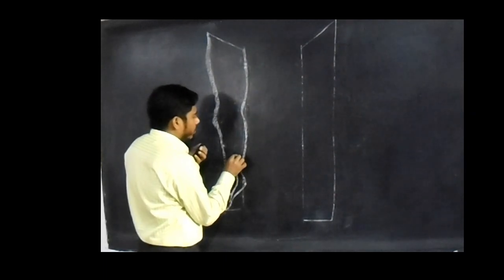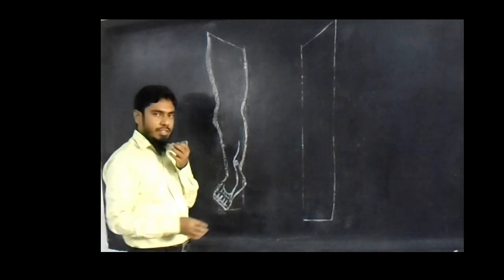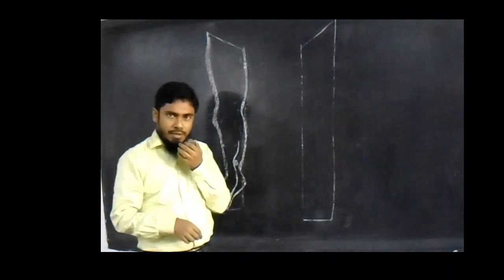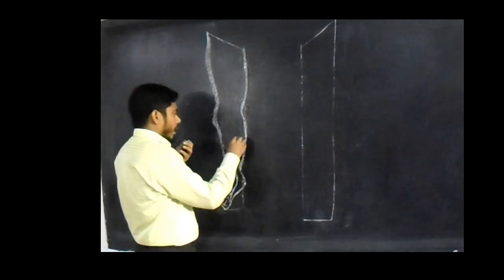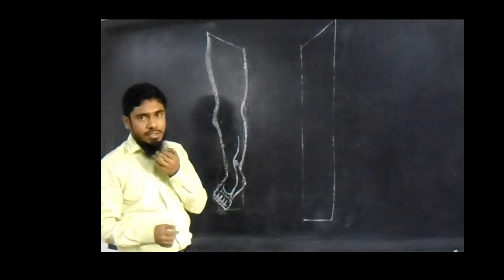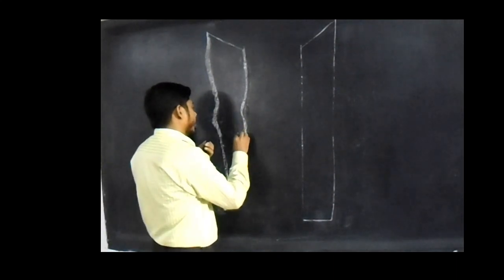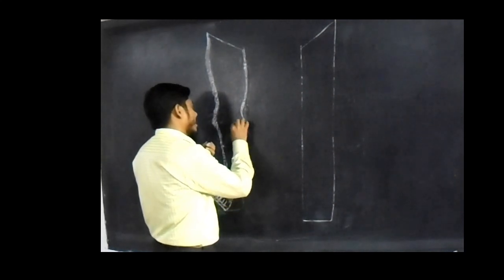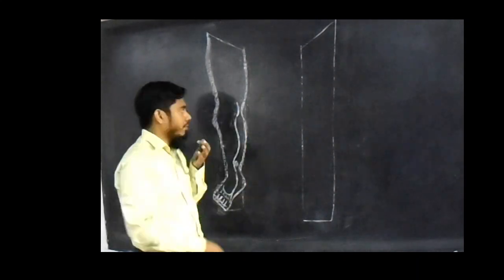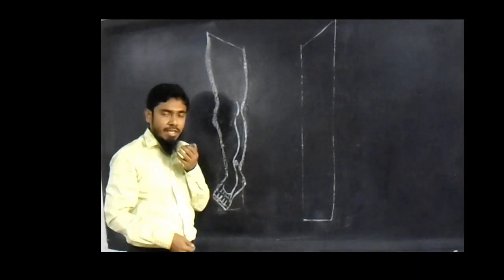Then it will go to the medial surface of the lower part of the tibia, and that is subcutaneous. During this course, it is accompanied by the saphenous nerve. Then it will ascend upward along the medial border of the tibia and goes backward to the back side of the knee.